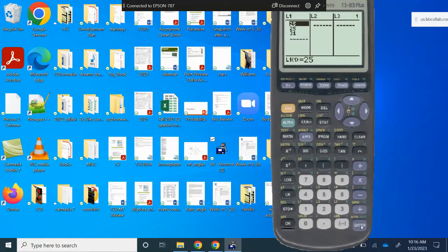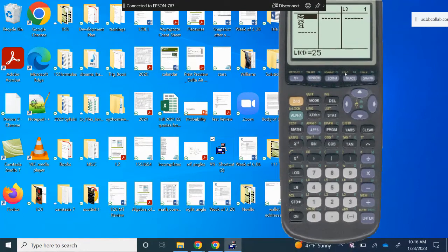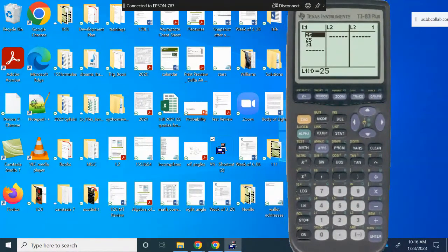Now, when I hit stat and edit, I'm specifically using list 1. So now, according to what you have done with the calculator up to this point, you should see list 1, list 2, list 3, list 4.